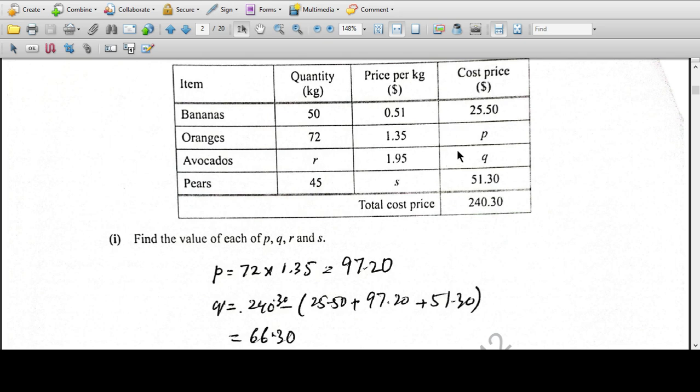For the second one, here we have Q. We can add all these costs to get 240.30. The sum of all these costs is equal to 240.30.